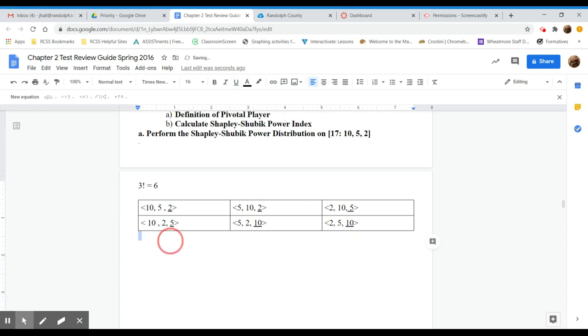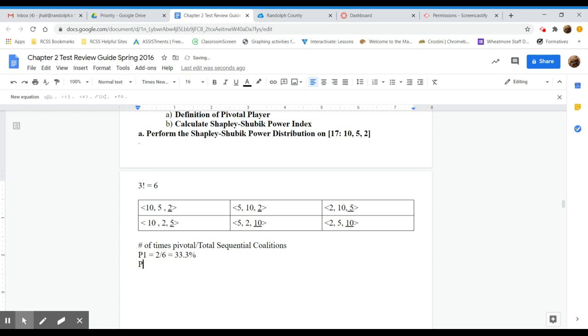So when we do our Shapley-Shubik power distribution, it's going to be the number of times pivotal divided by the total sequential coalitions. So 10 is pivotal, or player 1 is pivotal 2 out of 6 times, which is going to be 33.3%.